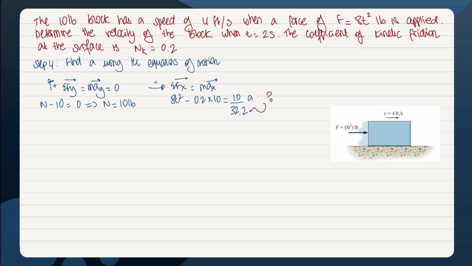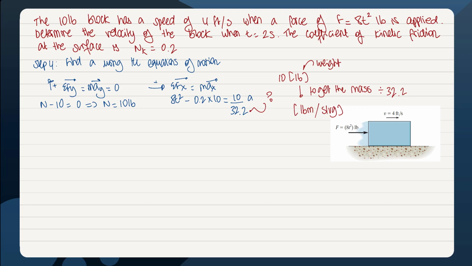Now I would like to highlight something about the right-hand side. Notice we have divided 10 by 32.2. Some of you might be wondering why are we actually doing that? We're used to just plugging in the mass multiplied by the acceleration. Now I want you to notice that whenever you're given weight, that's in pounds. So in the given, it's mentioned that the block has 10 pounds. So 10 pounds is the weight.